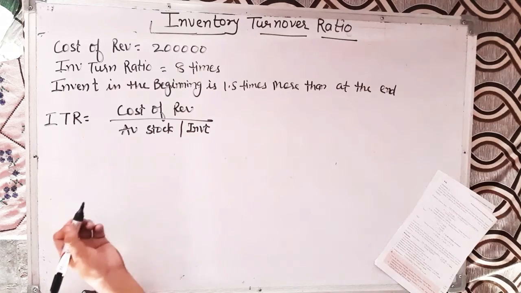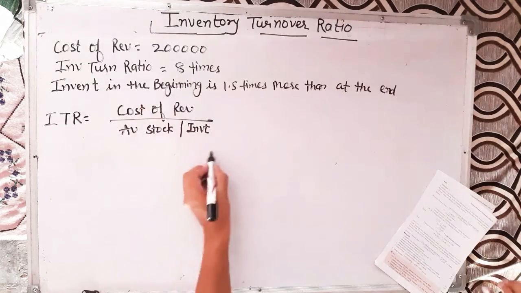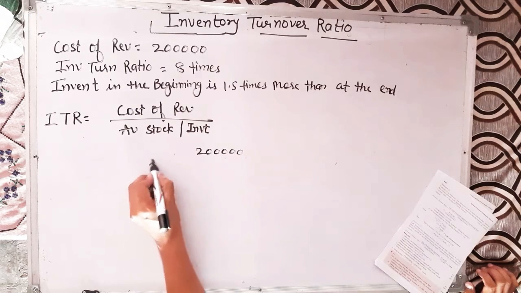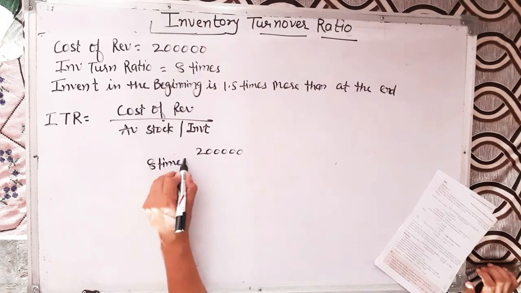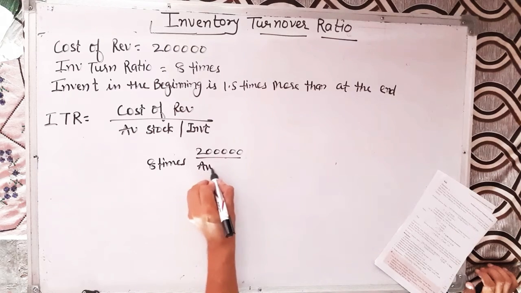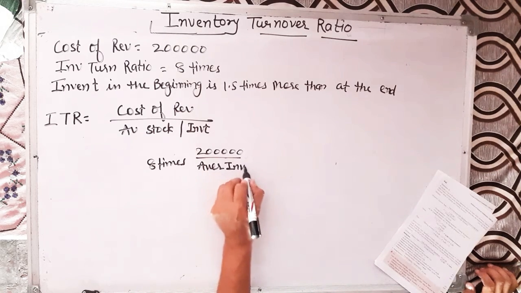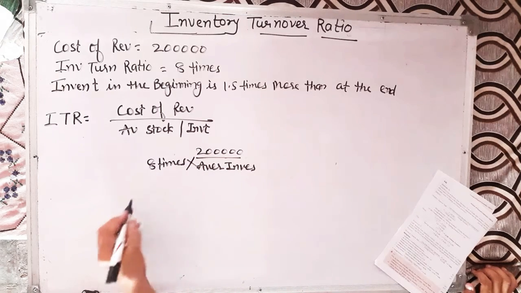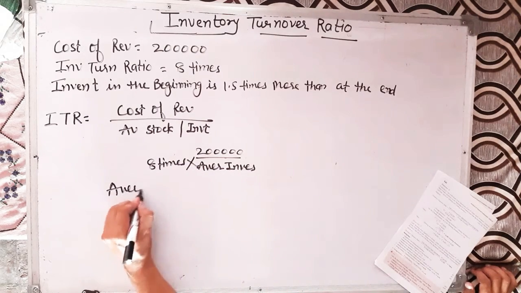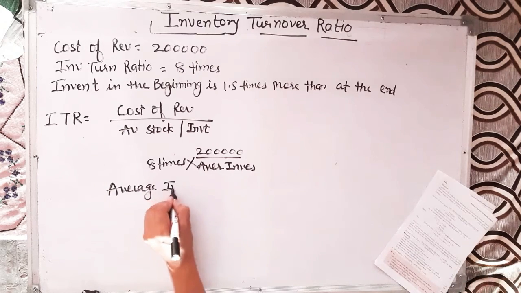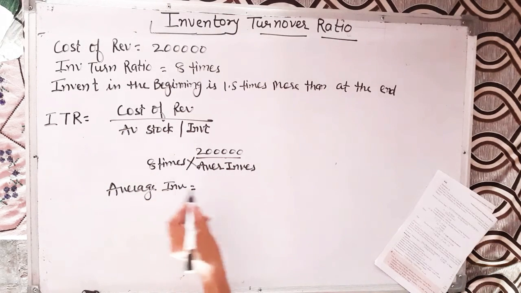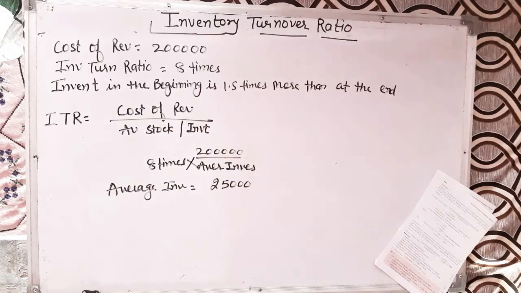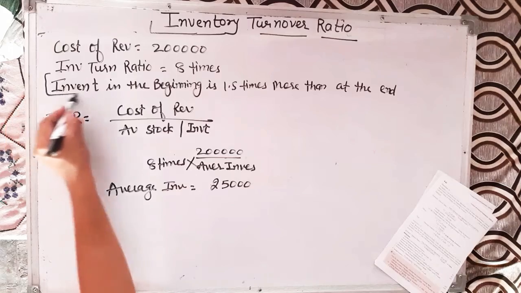Cost of revenue from operation is equal to 2 lakh. Ratio is already given, that is 8 times, divided by average inventory. So we will cross multiply it, and the average inventory is equal to 2 lakh divided by 8, that is 25,000.